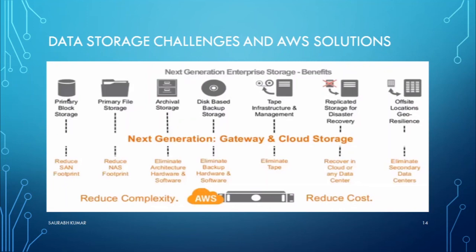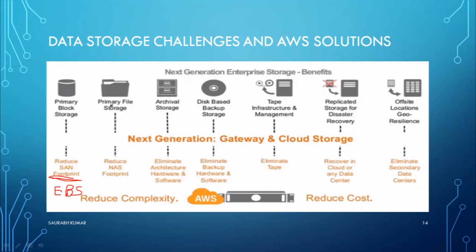In our on-premises or general data center we use primary block storage, which has now been replaced with a reduced SAN footprint. The service we use here from AWS, if you remember the name, is EBS, Elastic Block Store. That's the one which has replaced primary block storage or SAN.